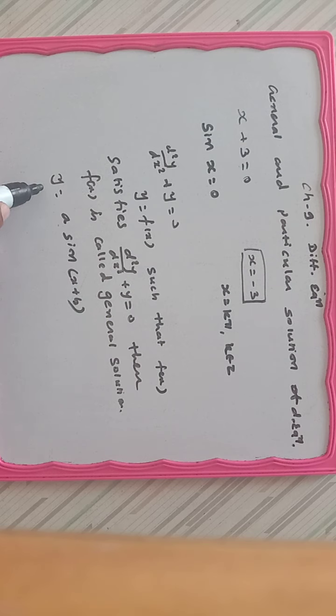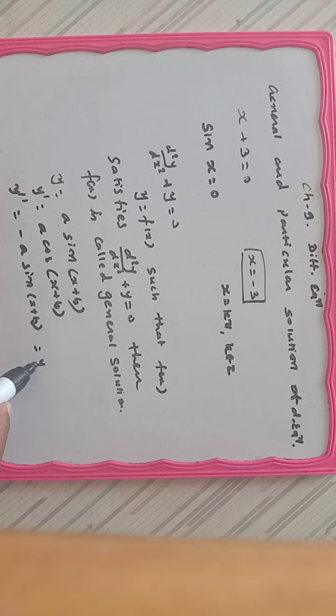We can see here how it is. So y dash we can get a cos x plus b, and y double dash we will get minus a sin x plus b.